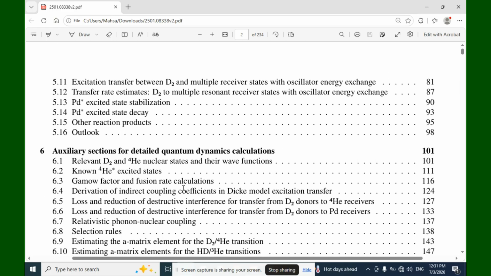The next one is excitation transfer between deuterium and multiple receiver states with oscillator energy exchange, and transfer rate estimates deuterium to multiple resonance receiver states with oscillator energy exchange. Then palladium-star excited state stabilization, palladium excited state decay, other reaction products, and outlook.